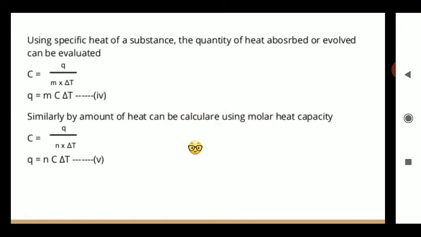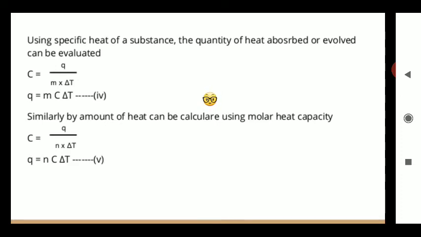That is, first, it is responsible for changing the internal energy of the system, as well as for work done. While on the other side, if you measure the heat capacity at constant volume, the work done becomes 0, and you will find the relation that QV is equal to delta U, because no work done is taking place, and this is responsible for the change in the internal energy of the system.